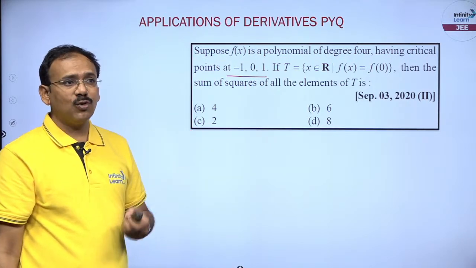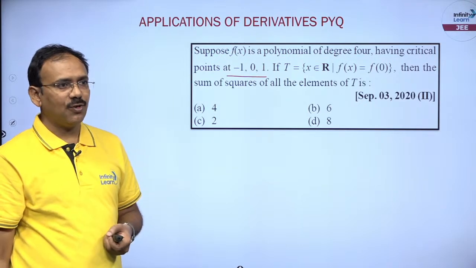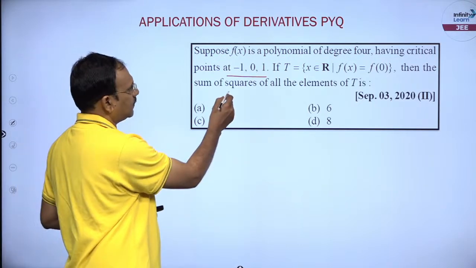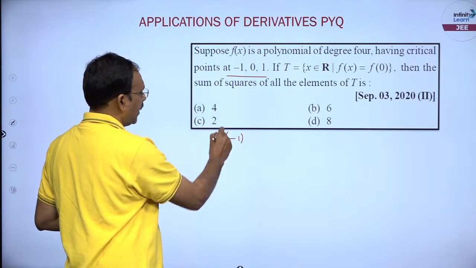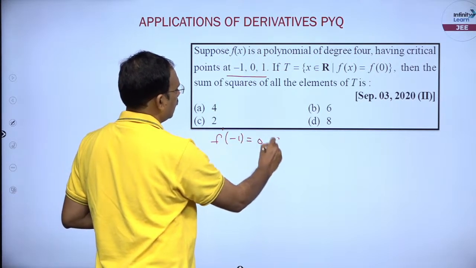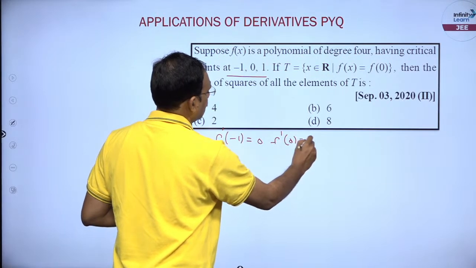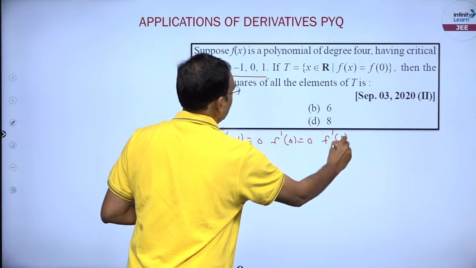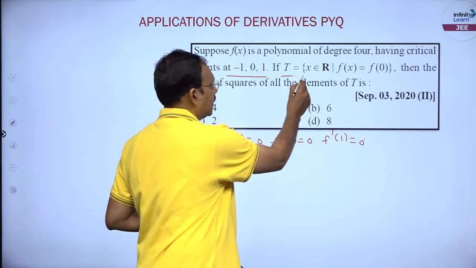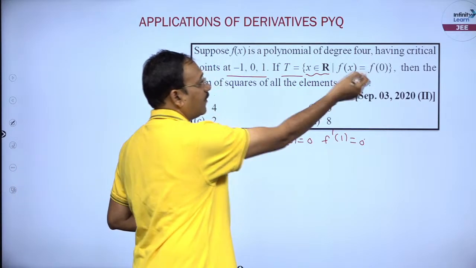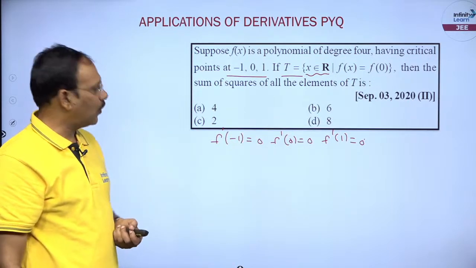Critical points are those points where derivative is 0, right. So, I can say f dash of minus 1 is 0, f dash of 0 is 0, f dash of 1 is also 0.